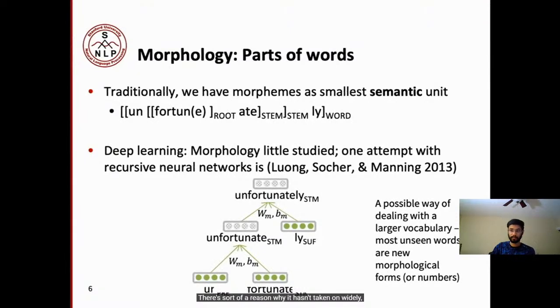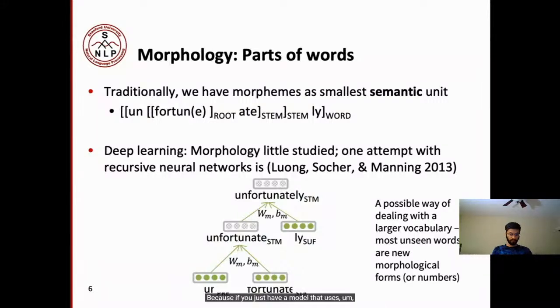There's a reason why it hasn't: working out the semantically meaningful pieces of words is kind of hard. And a lot of the time in NLP, what people have found is you can get about the same kind of results if you just work with character n-grams, the kind of units that you put into the convolutional neural nets.